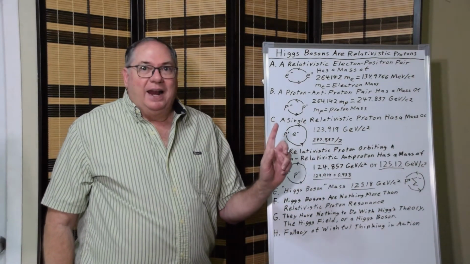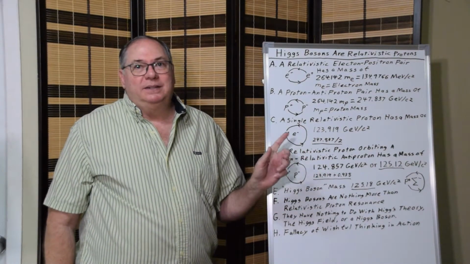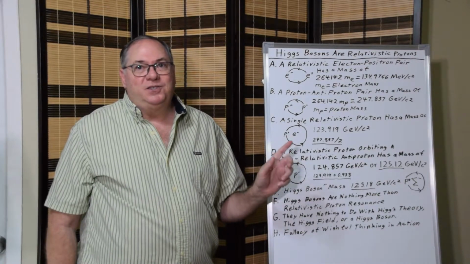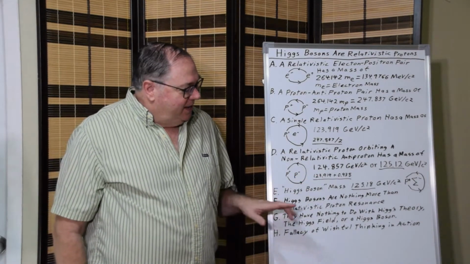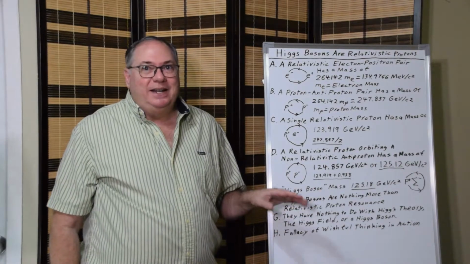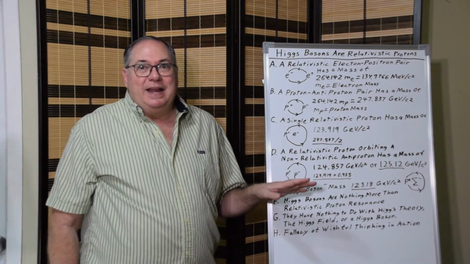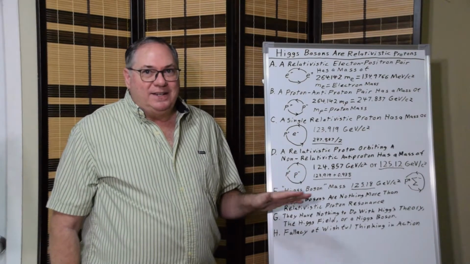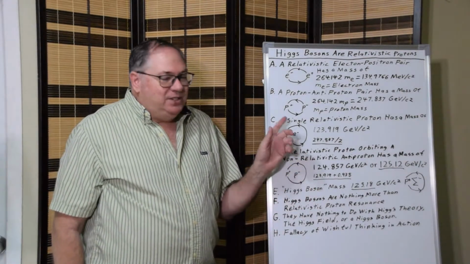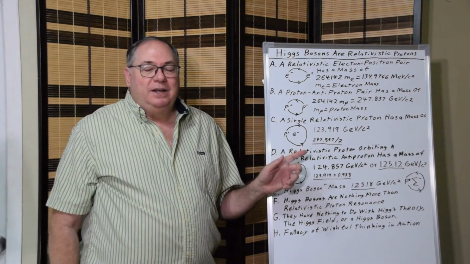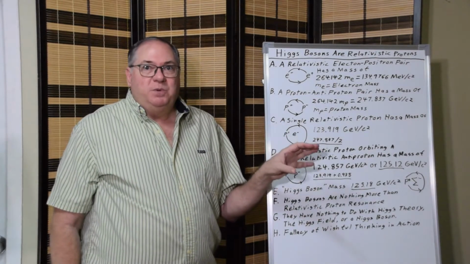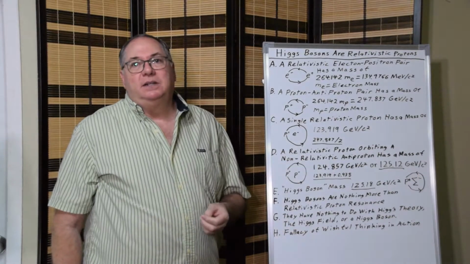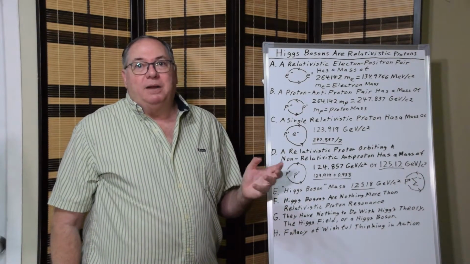And that is what they're watching at CERN. It has nothing to do with the Higgs theory, the Higgs boson, the Higgs mass, any of that. All that's nonsense. It's just a relativistic proton orbiting some sort of negative resonance, a baryon most likely.